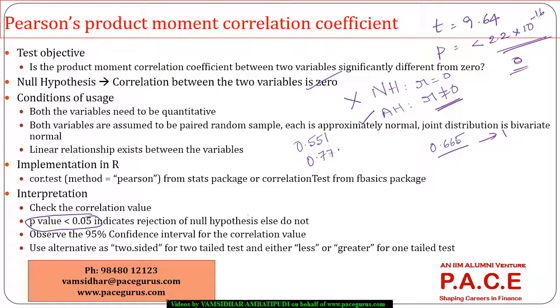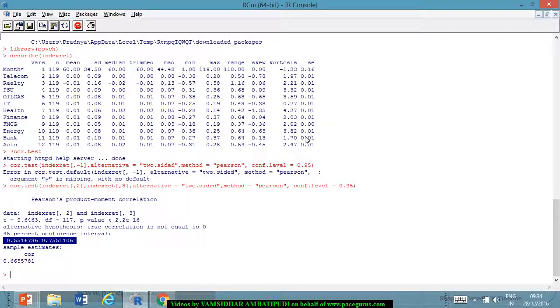So it has to lie within this interval. I'm 95% confident that this range will contain the true correlation between those two variables, telecom and reality. So that's how we can test the correlation between pairs of variables using the cor.test method.